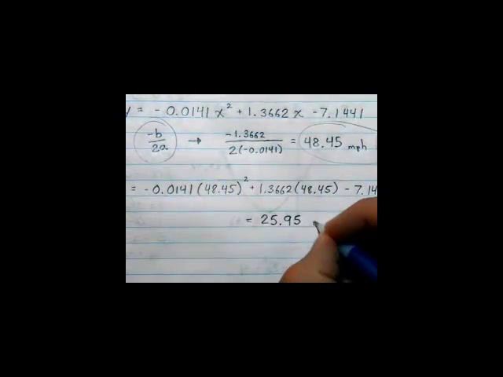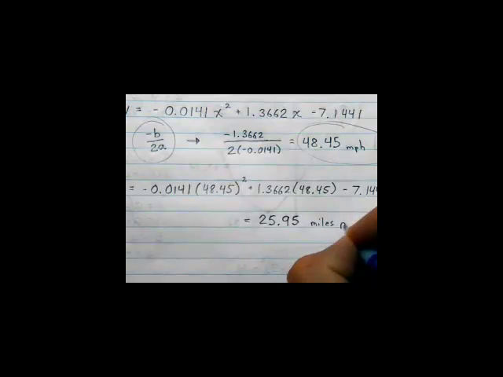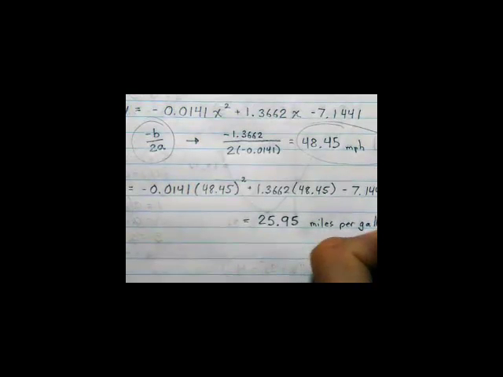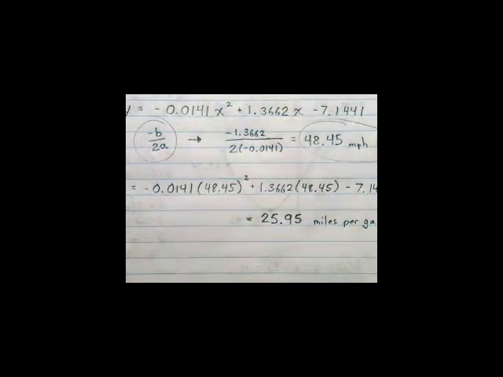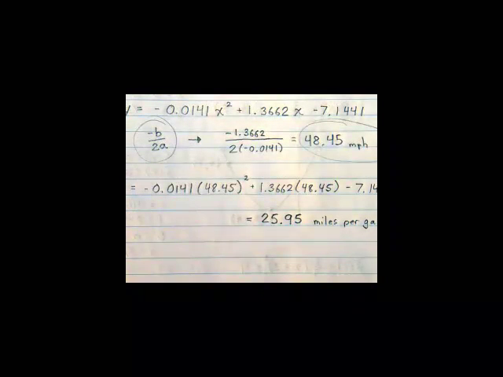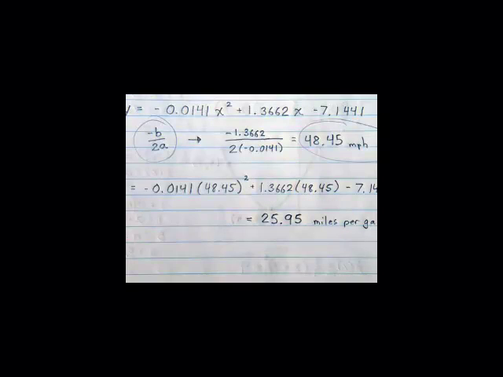All right, so here's what I got when I plugged that in. Ended up with 25.95. So apparently if you drive about 48.5 miles per hour, you can get nearly 26 miles to the gallon with this car. That's going to be your best that you can do.